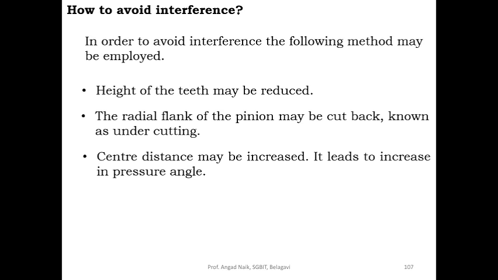Third, the center distance may be increased, which leads to an increase in pressure angle. The last one is tooth correction, where the pitch, pressure angle, center distance and base circle remain unchanged, but the tooth thickness of the gear becomes greater than p by 2 and that of the pinion becomes less than p by 2.